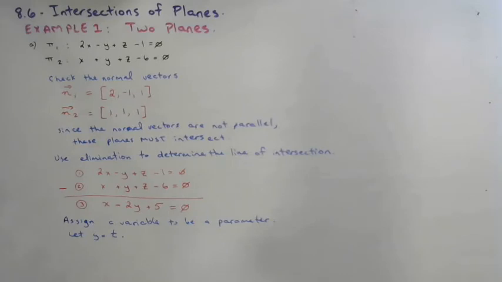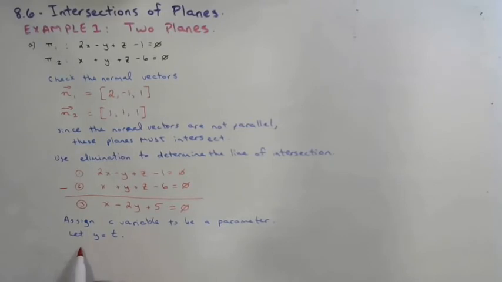And that's going to allow us to express equation 3 and equation 2 in a different way. So let's look at equation 3 that we just created here, and we're going to let y equal t. That's going to give us an expression for x in terms of t. So we've got x minus 2t plus 5 equals 0.